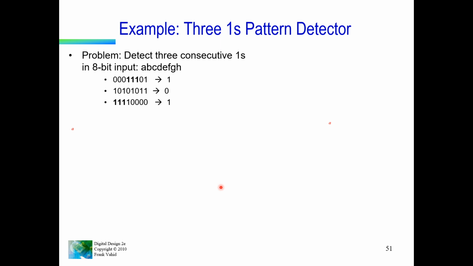For instance, let's think about this problem. We have an 8-bit input, and we want to find out whether there are 3 consecutive ones in this input or not. If there are 3 consecutive ones, that means one coming after the other, the output of our circuit must be 1.